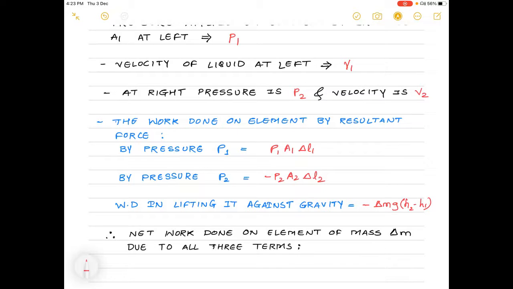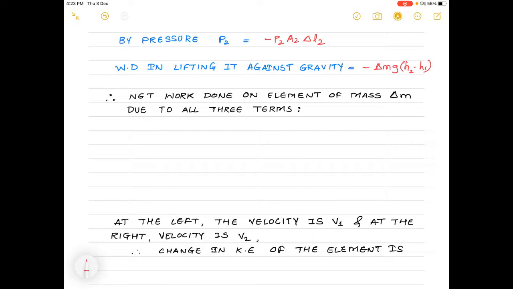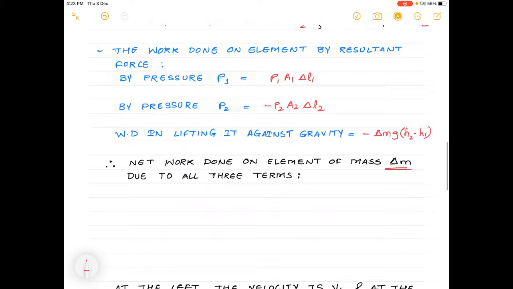Now the net work which is done on the element of mass delta m is due to all these three terms, which we have seen earlier. I will number them as equation 1, equation 2 and equation 3.